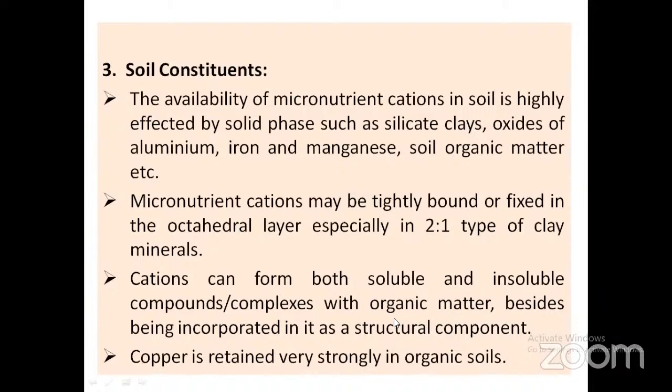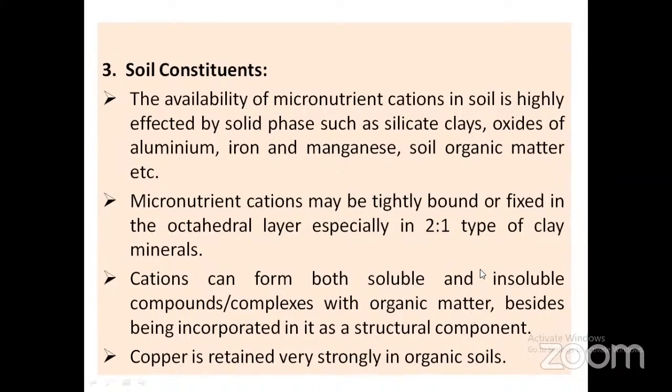During the decomposition of organic matter, if these cations are adsorbed or fixed or they have formed complex or compounds with the organic matter, so when there is decomposition of organic matter, these nutrient cations are slowly released into the soil, which can be easily taken up by the plant. But the problem occurs when the complexes are insoluble. अगर ये complex जो micronutrient ऑर्गेनिक मैटर से बना रहे हैं, अगर वो सॉल्युबल है तो अच्छा ही है कि उसका लॉसेस कम होगा, ऑर्गेनिक मैटर के साथ कॉम्प्लेक्स बन के धीरे धीरे रिलीज होता रहेगा और प्लांट ले लेगा.